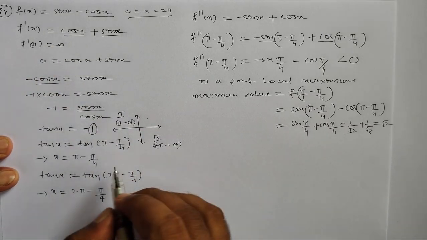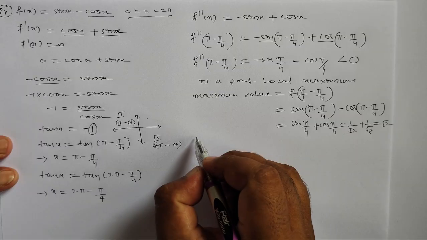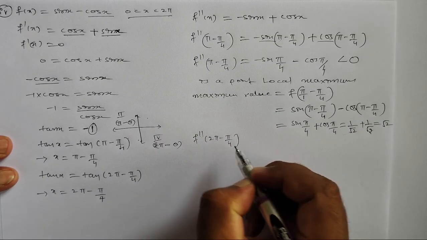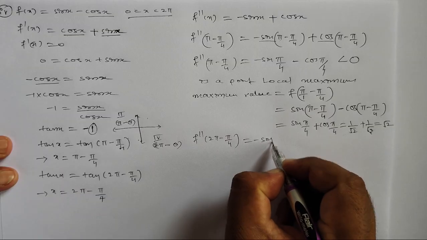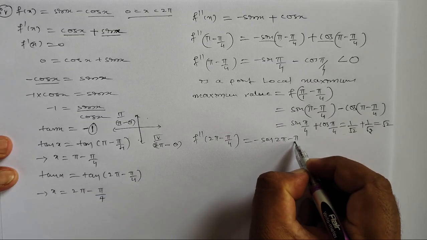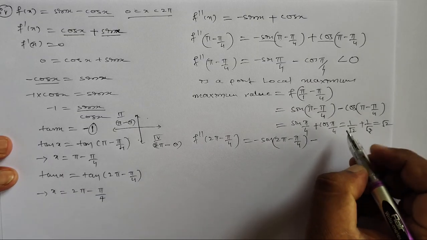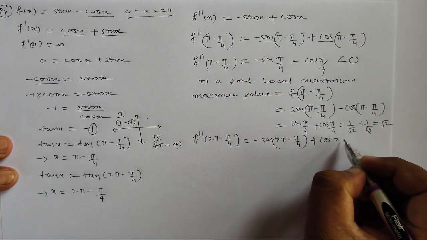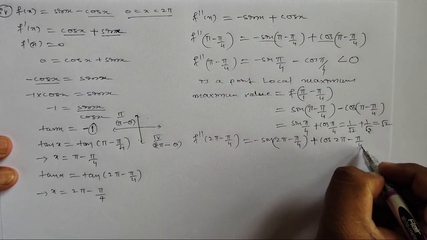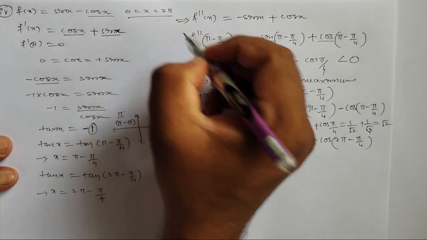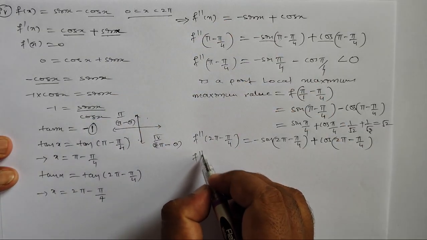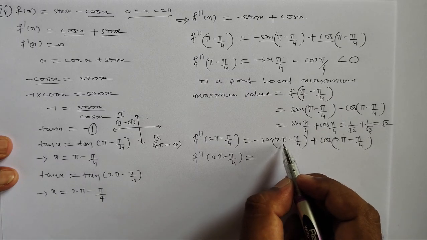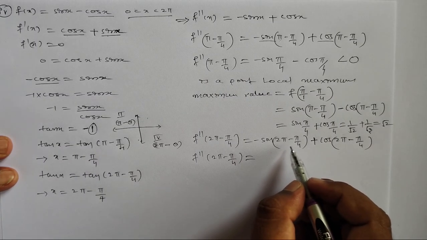So the maximum value of this function is root 2. Next, f double dash of 2 pi minus pi by 4 is equal to minus sin(2 pi minus pi by 4) plus cos(2 pi minus pi by 4), since f double dash of x is as above. In which quadrant?